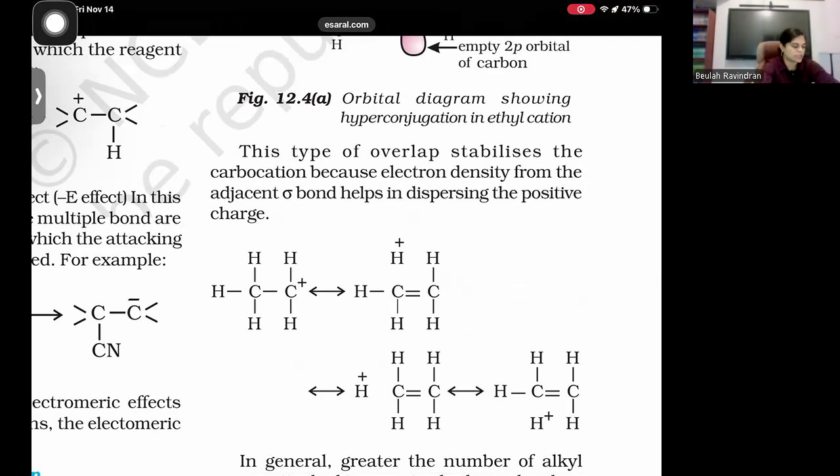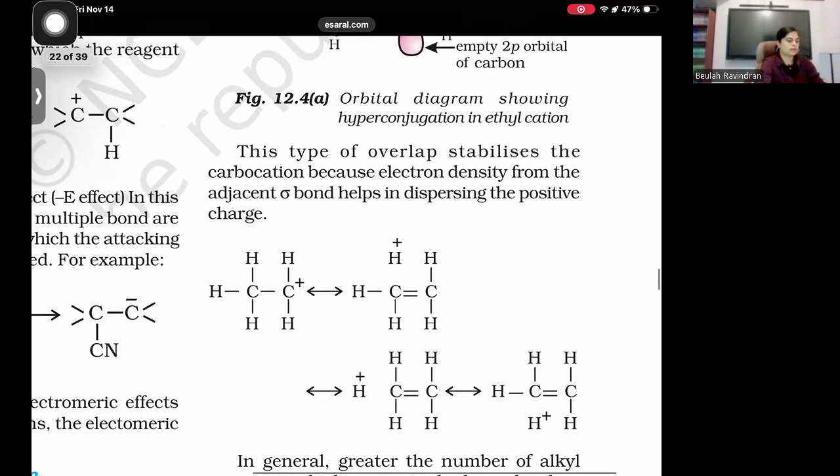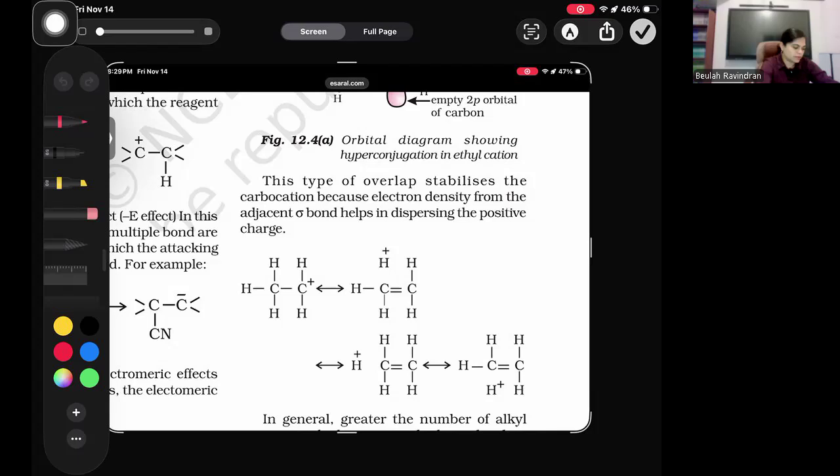Okay. So the adjacent sigma bond is helping right now. Where is the sigma bond? Here. Okay. This is adjacent. Okay. It breaks. So this adjacent bond is helping here to neutralize the charge or stabilize the carbon atom.